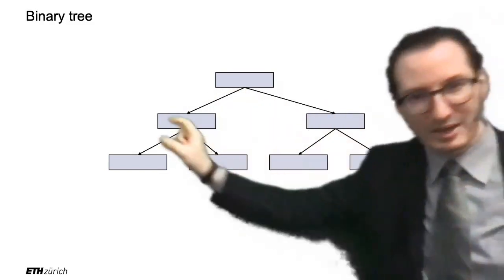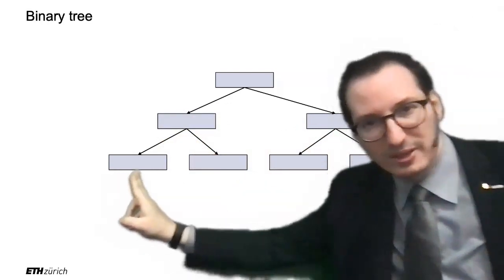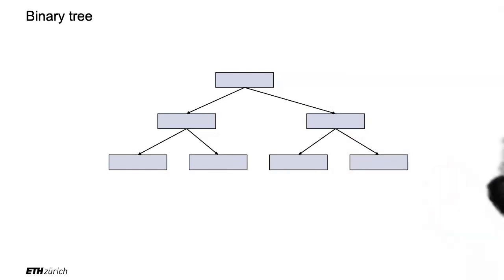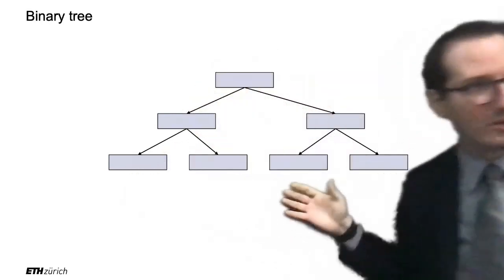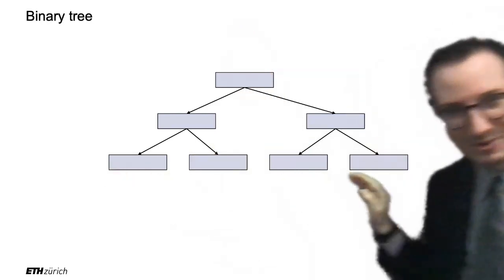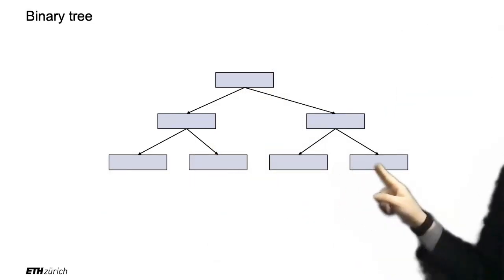And then again, these nodes have children. The nodes here don't have any children; they are called leaves. It's kind of very poetic, right? We have a tree and then there are the leaves of the tree. Inverted, the tree, by the way. The trunk would be here and the leaves would be there. But these are called the leaves, right?